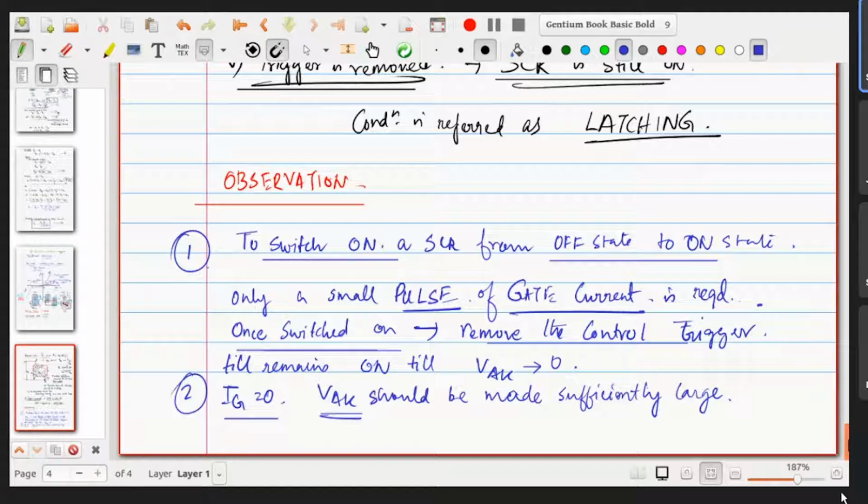These are the observations, which are again true for the SCR. Once we think of how to switch it on, we can do it in these two possible ways.